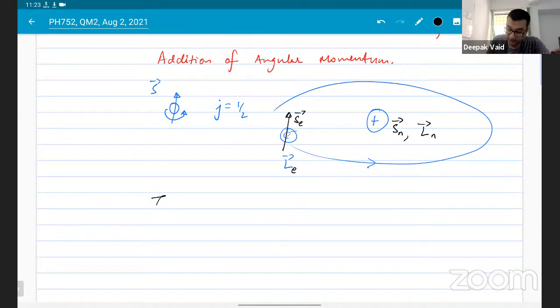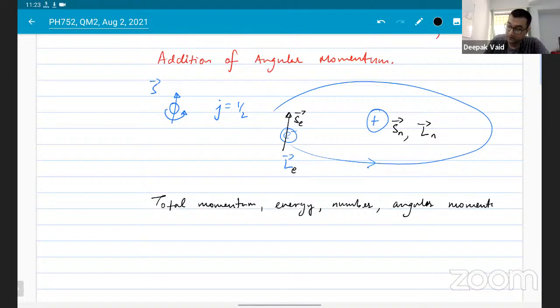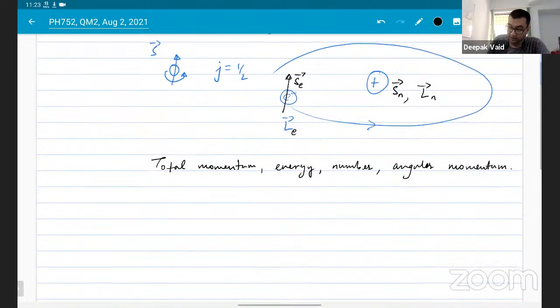So for instance, we try to talk about the total momentum or the total energy or the number of particles or the total angular momentum.